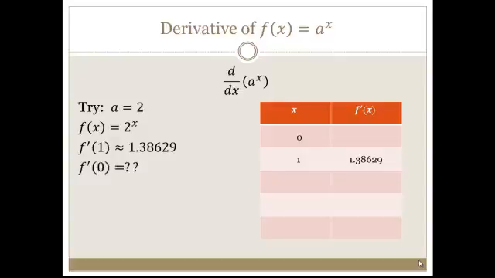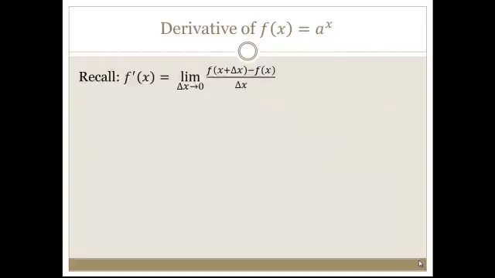What about when x equals 0? What is the derivative f prime at 0? To find this, let's compute it the same way we computed f prime of 1, which was by our definition of the derivative: f prime of x equals the limit as delta x goes to 0 of f of x plus delta x minus f of x all over delta x.